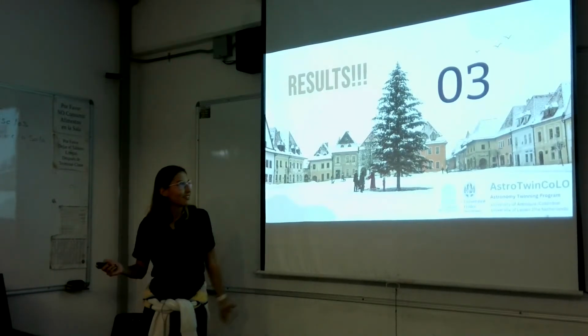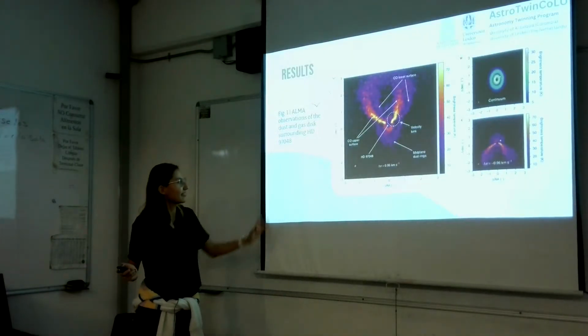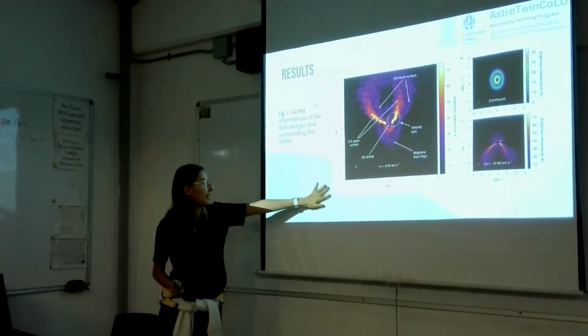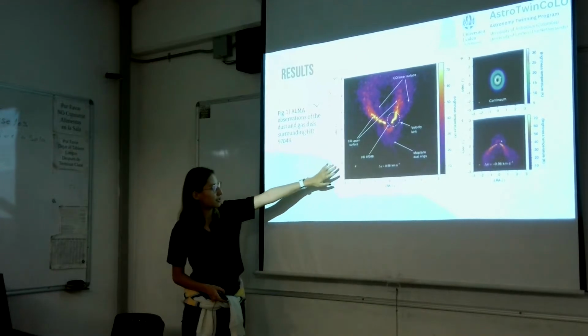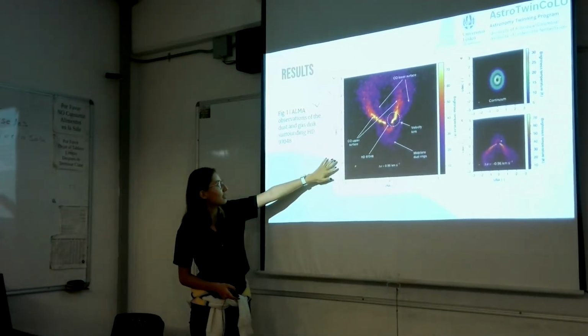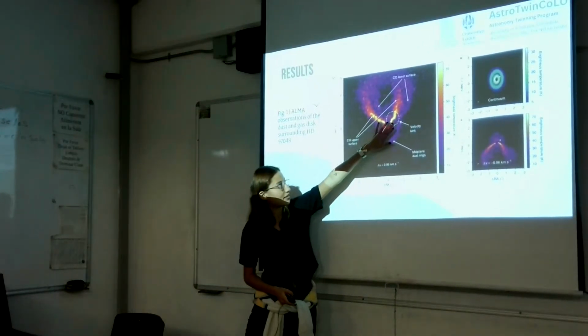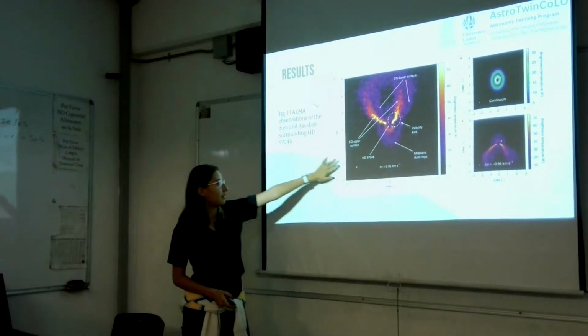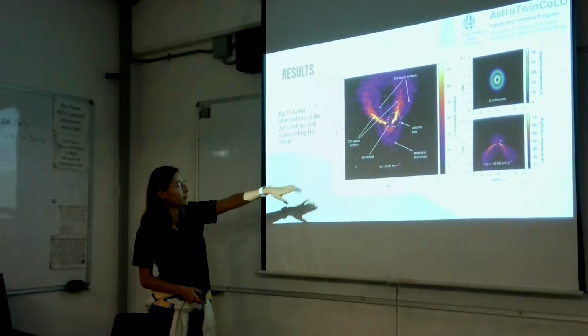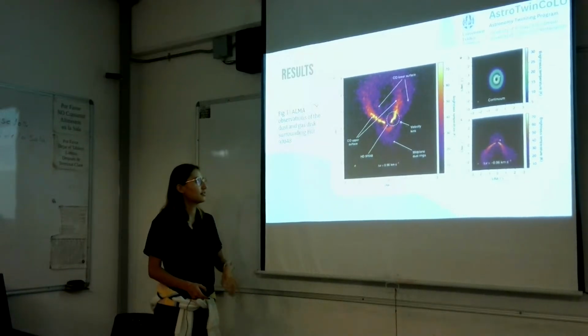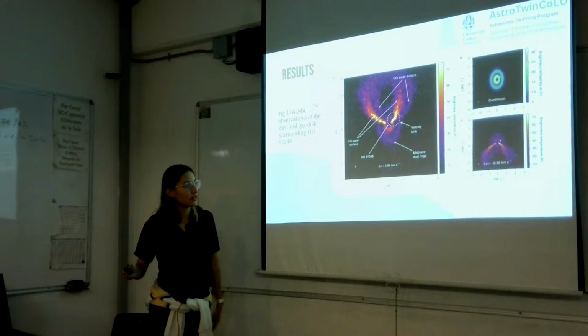So the results. First, here we have the first figure, showing the ALMA observation of the velocity kink right here, and it also shows the continuum and the dust and gas disk surroundings.